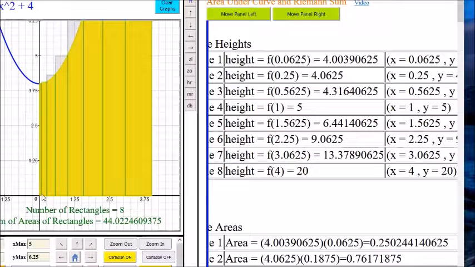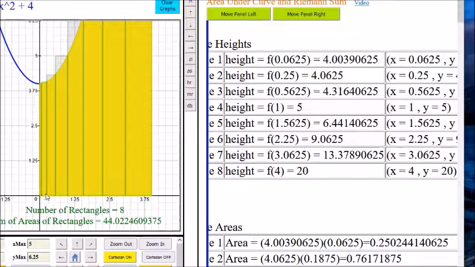Therefore we will use 0.0625 to find the height of the first rectangle. That's just finding y when x is 0.0625, so it would be f of 0.0625, and that comes out to be 4.0039. And so the height of the first rectangle would be 4.0039.